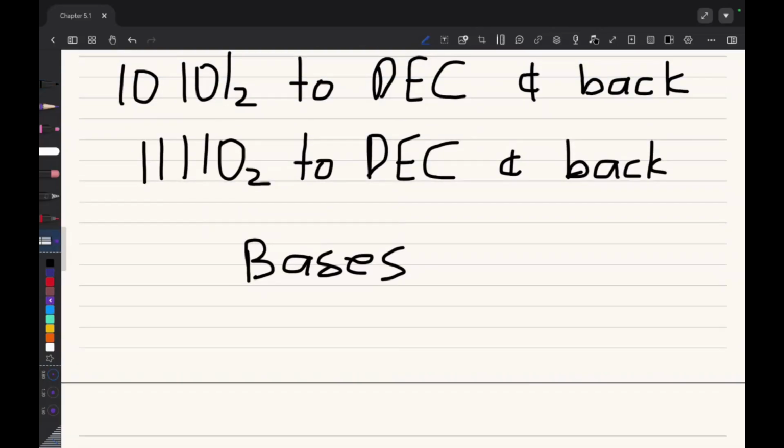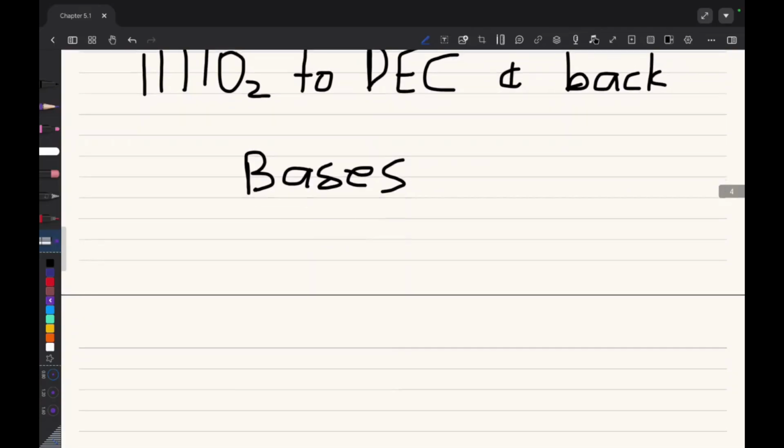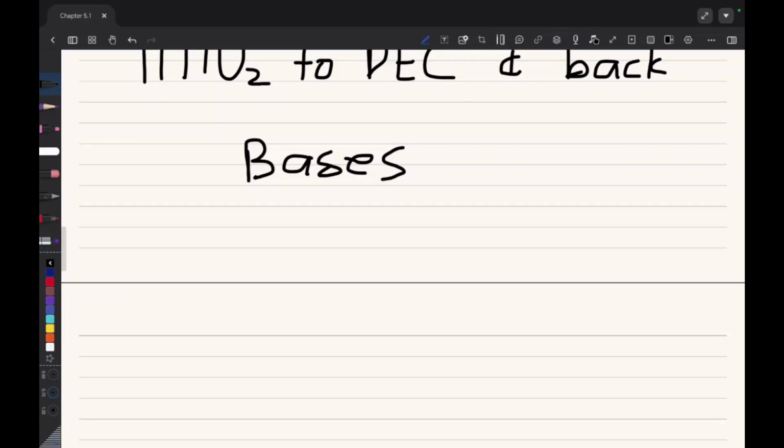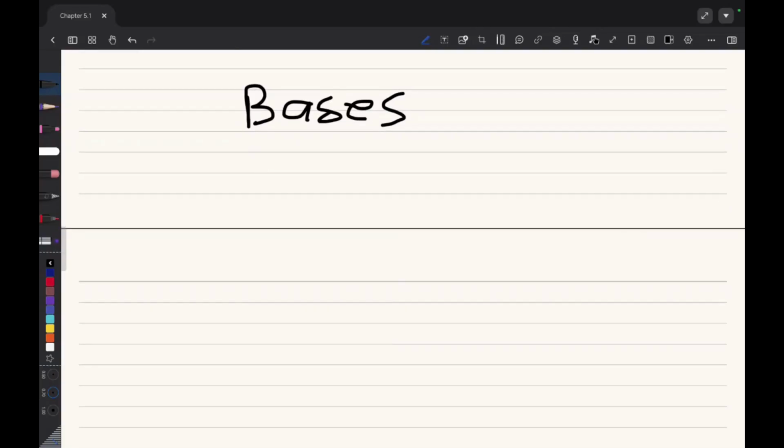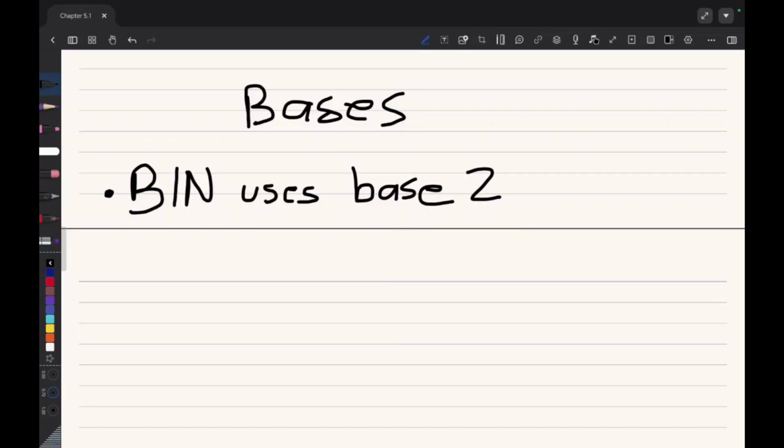This right here is a base. This right here again is also a base. So the binary representation uses base of 2, right? Let's start with the binary. The binary uses base 2.